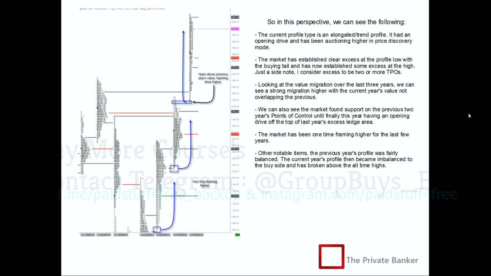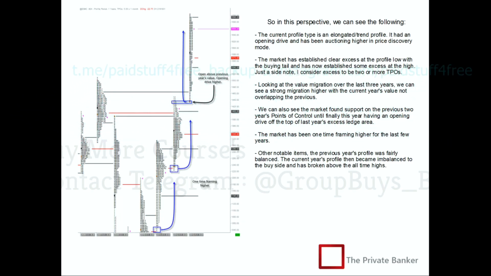Okay, so let's take a look at the profiles themselves. What we have here again is the ES contract, and we have our large time frame profiles being plotted onto our chart. There are a couple of things we can see, as I mentioned in the previous piece on what we're looking for.